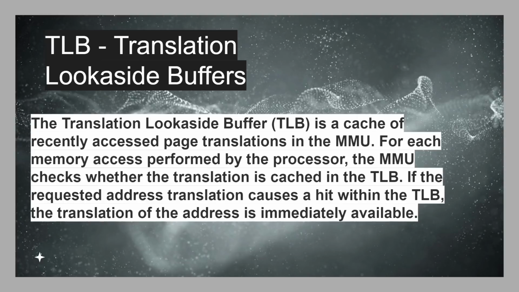And of course, if you've just been accessing something inside of a 4K page, then you move on to the next address where you've already got that translation. All you're doing is changing the offset. So especially when you're dealing inside a small section of 4K code, you're actually going to have that already in the cache. If the requested address translation causes a hit within the TLB, the translation is immediately available.